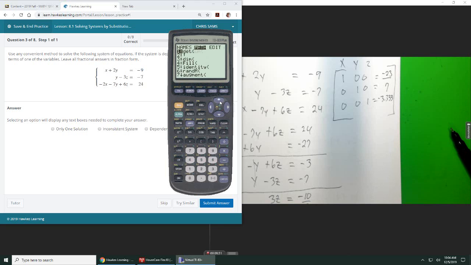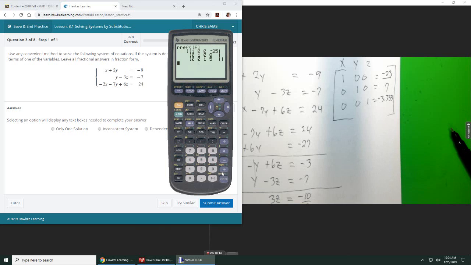And we're going to arrow up because we're going to get there faster to RREF. It stands for Reduced Row Echelon Form. That is the calculator's way of saying we're going to solve this matrix. So once you get that in there, you do second matrix one more time, hit enter on A, and then you hit enter one more time, and then it will solve it.